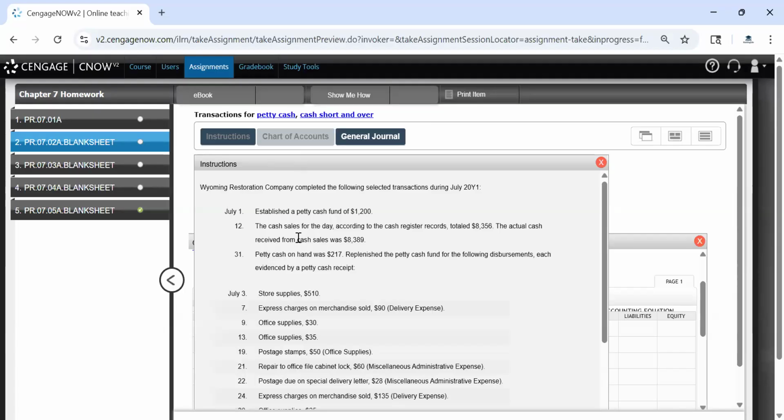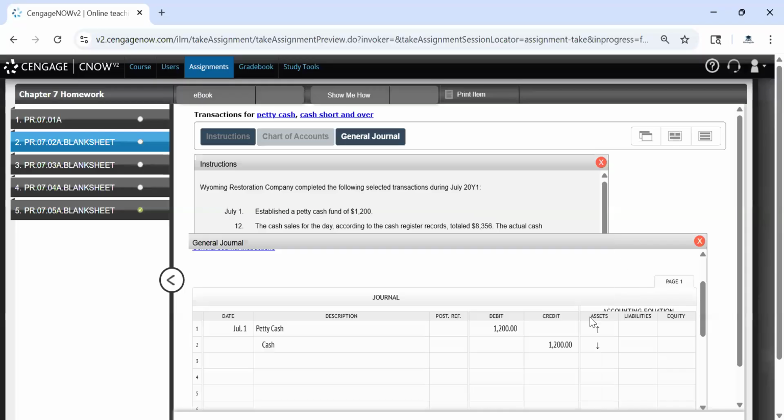Now on the 12th, we have cash sales for the day. And according to the register, the cash should have been 8,356. And so that's what we're going to record as our actual revenue.